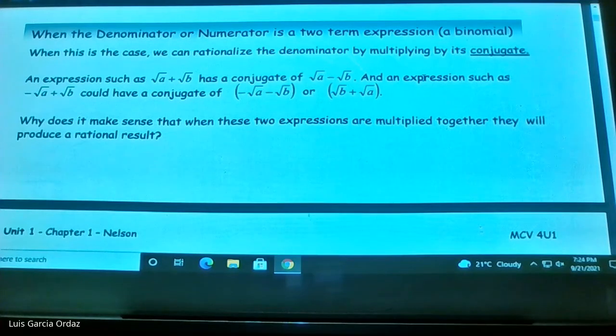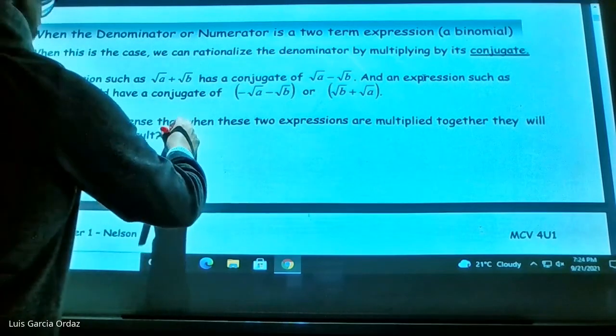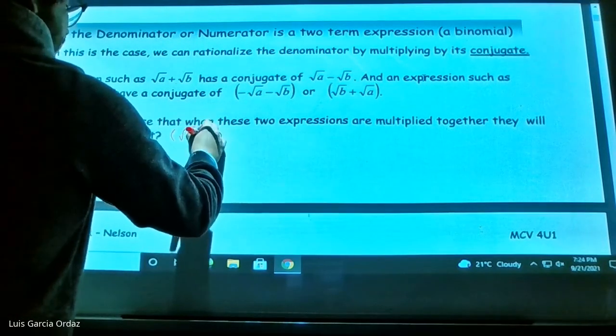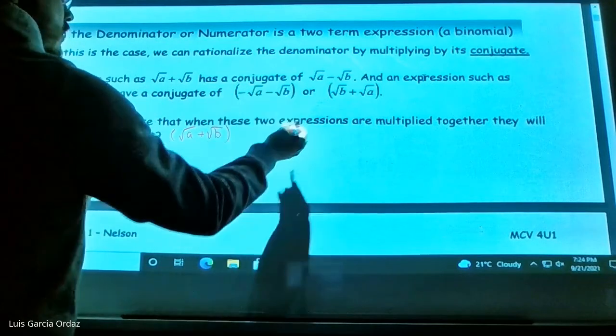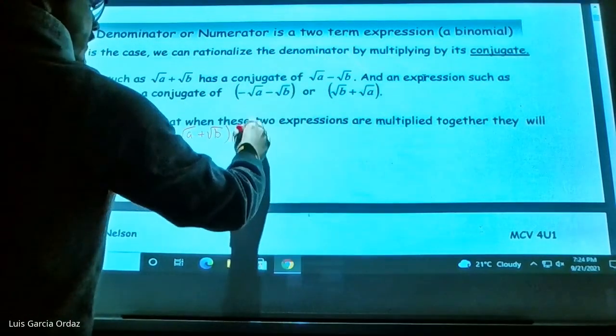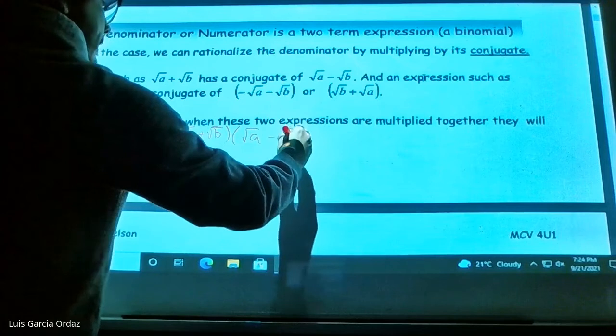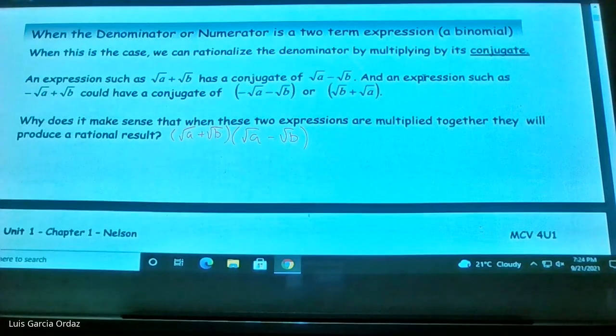Okay, so think back to advanced functions about the different types of factoring, okay? So let's just say if I had this written down, this will probably help you guys come up with the answer. So if I have square root of a plus the square root of b, and I multiply by its conjugate, which is root a minus root b, why does it make sense that you get a rational as a result?